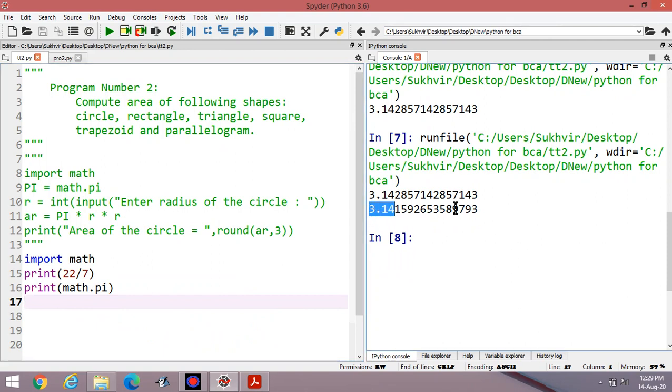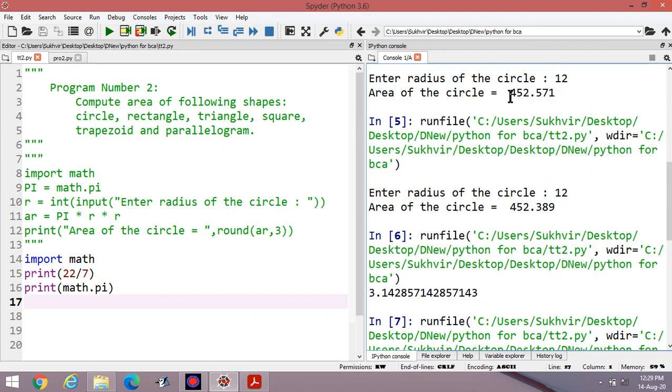Some change in value is there. Now look at this, 3.14159 like this. Some difference is there inside the value. That's why there is change in answer, 452.571 and 452.389.